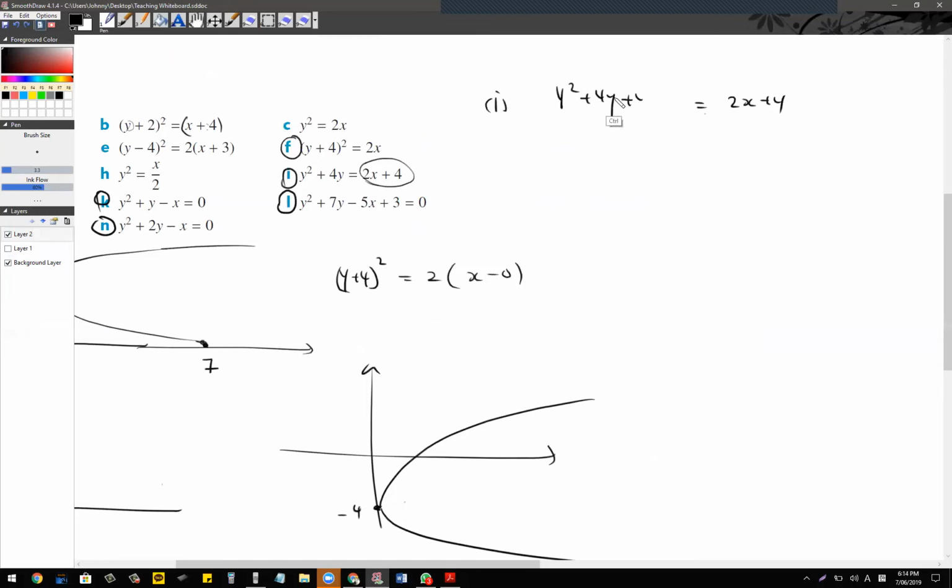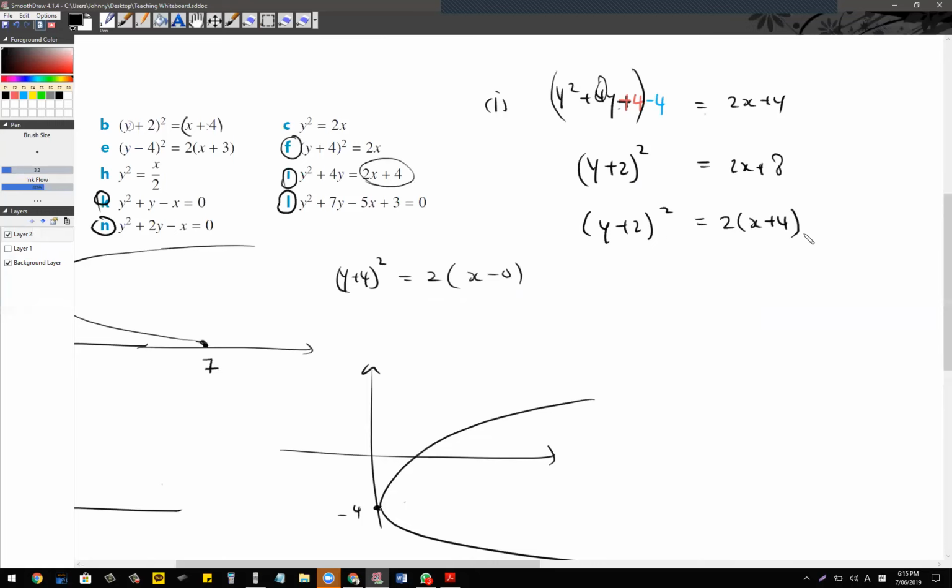I divide this middle number by 2, then I get 2. Square that, I get 4. So I need to add that number, and subtract that number, and everything is preserved. This bracket here forms a completion of square, so that's y plus 2 squared. And 4 goes to the other side, which is 2x plus 8, because 4 plus 4 is 8.